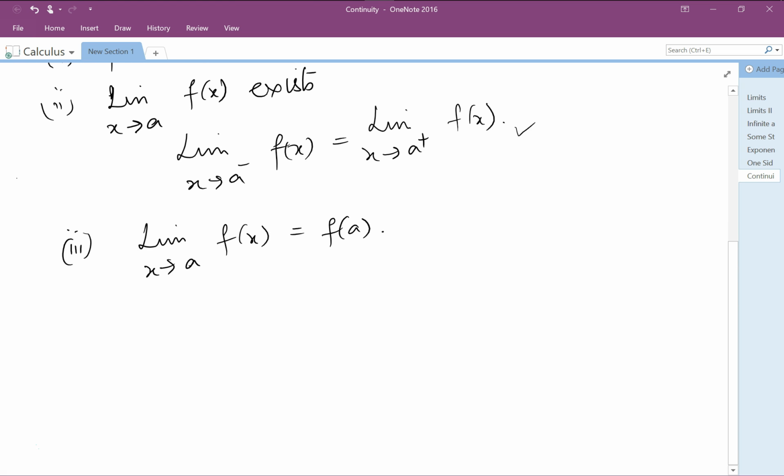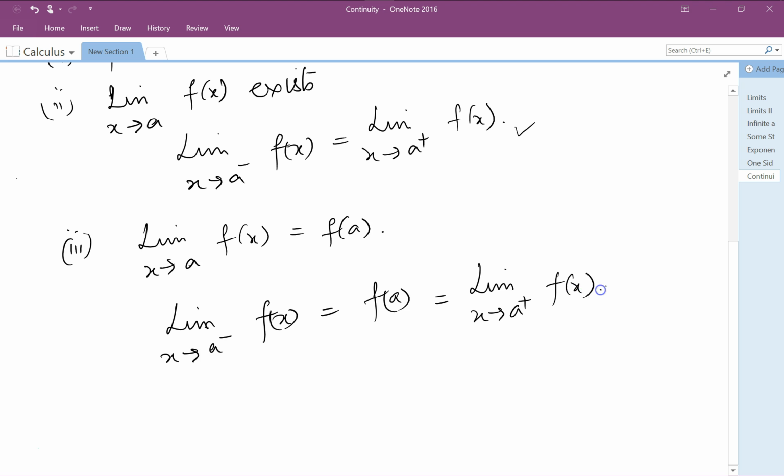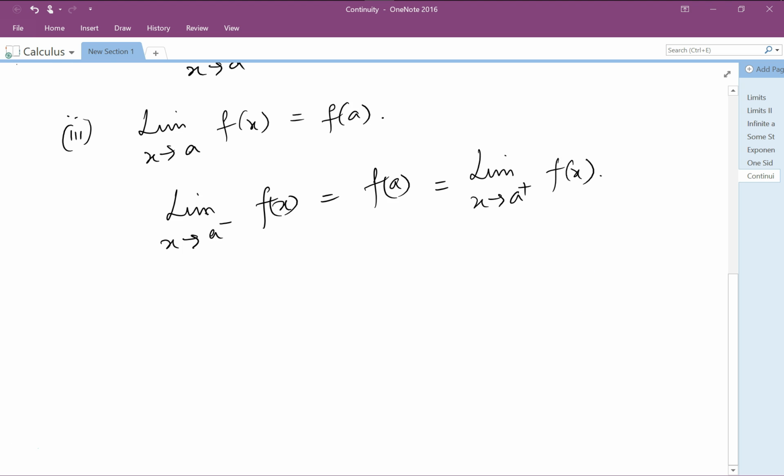In short, the limit as x approaches a from the negative side of f of x is equal to f of a, which is in turn equal to the limit as x approaches a from the positive side of f of x. If this condition is satisfied, then we can say that the function is continuous at a. So let's look at some examples.